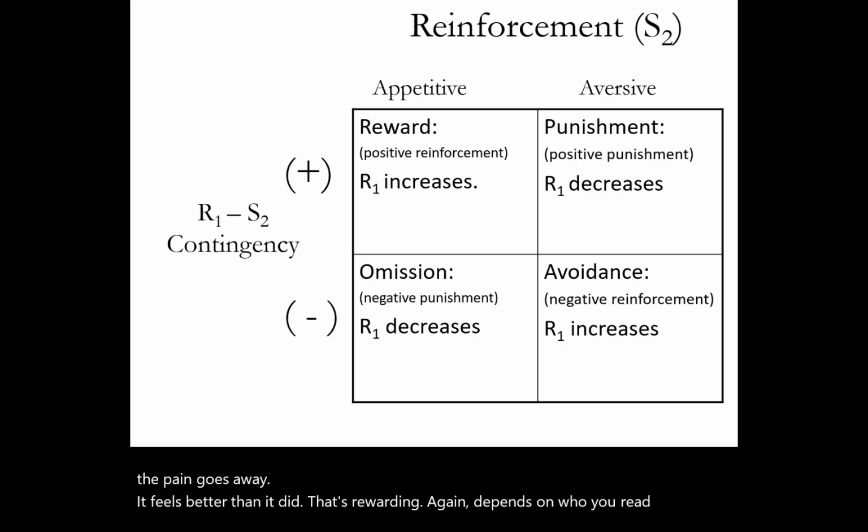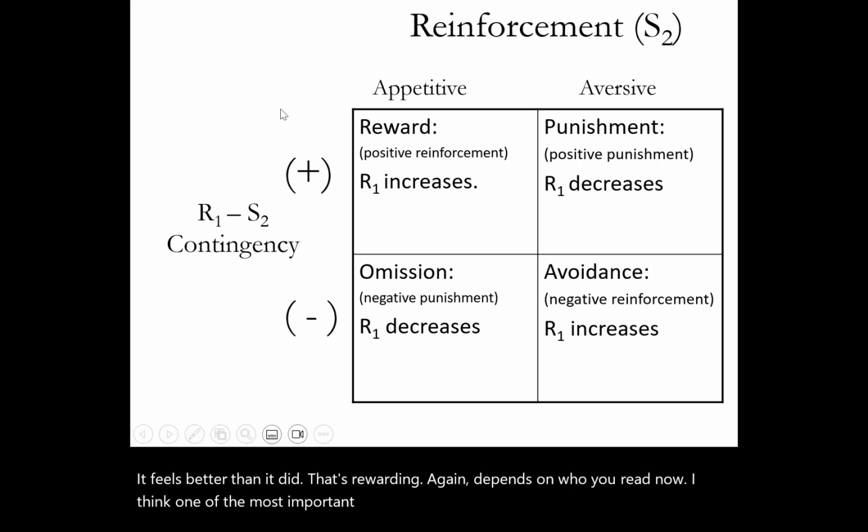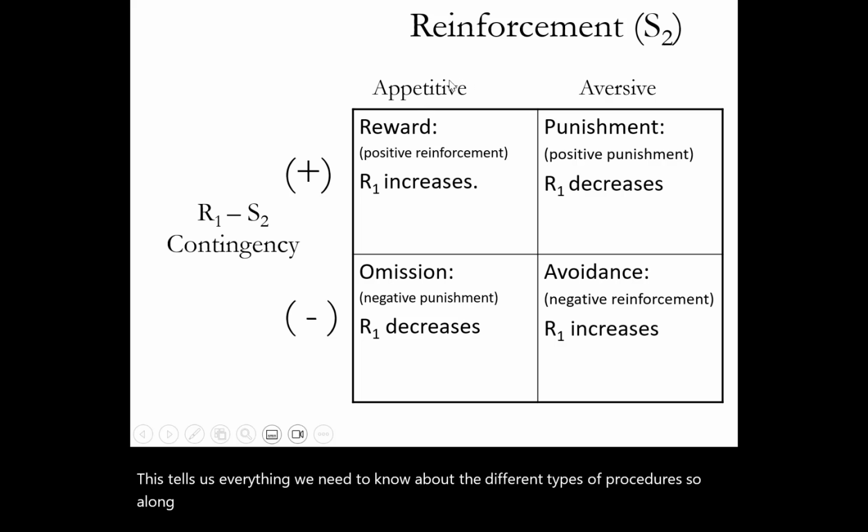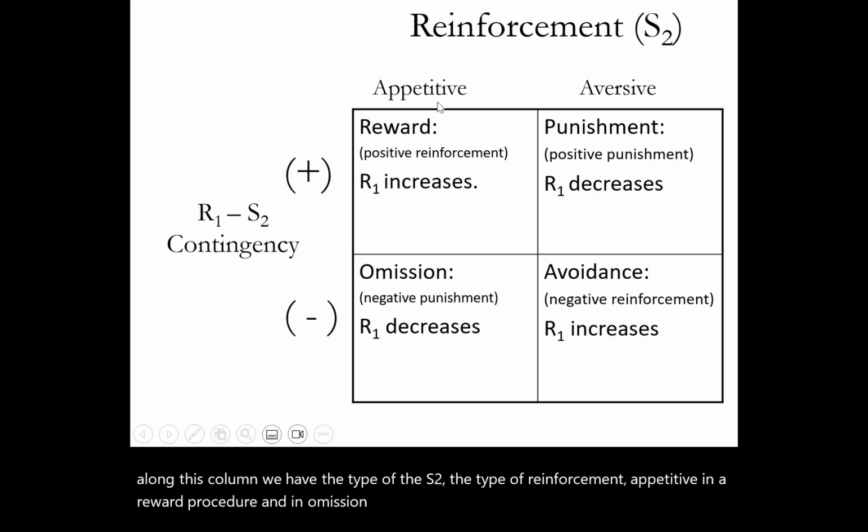Now, I think one of the most important things is to really understand this matrix here. This tells us everything we need to know about the different types of procedures. So, along this column, we have the type of the S2, the type of reinforcement. Appetitive. In a reward procedure and in an omission procedure, the S2 is good. It's food, it's praise, it's whatever, something good.